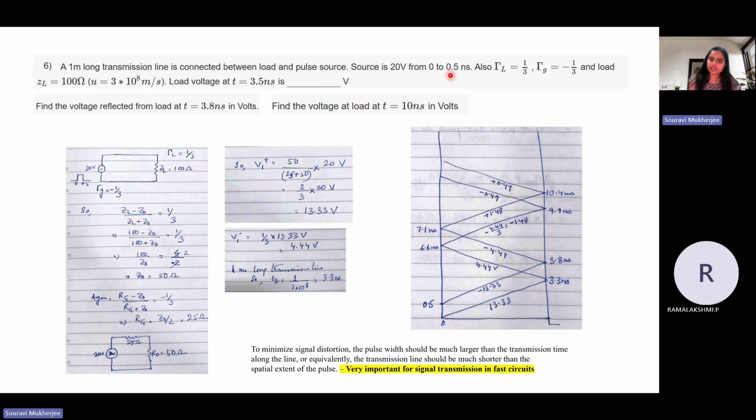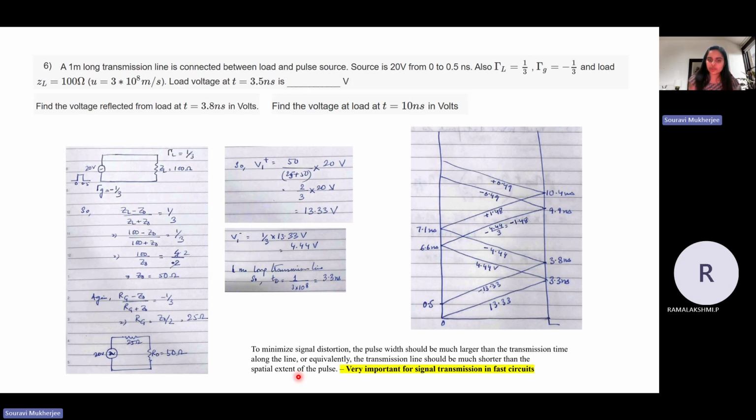Ideally, you want your pulse width to be much larger than the transmission time, so that in one pulse you have the least distortion and the fewest reflections possible, and you reach your load. The pulse width should be much larger than the transmission time along the line, or equivalently, the transmission line should be much shorter than the spatial extent of the pulse.